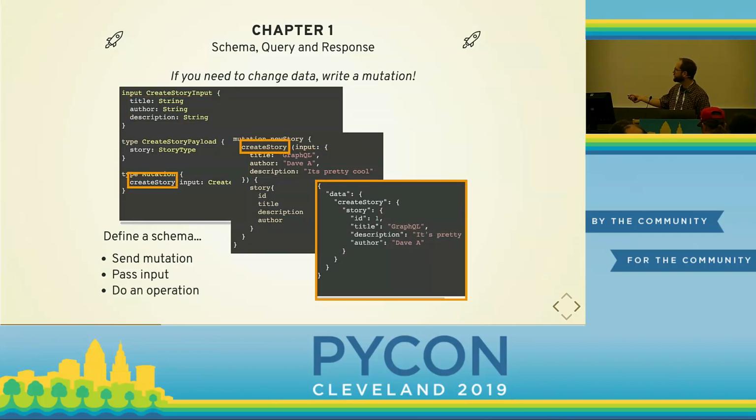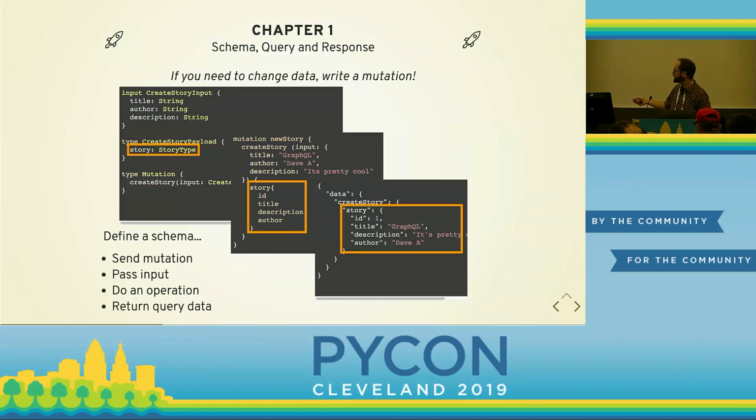We do some operations, so we create the story, and we get back the data using this story type. This is exactly the same story type that we defined earlier for our queries, so it leads to some good code reuse. We don't need to reinvent the wheel, and the user has a lot of flexibility as to what data they fetch from that. Like if we had other connected types on that story type, we could keep fetching all day.